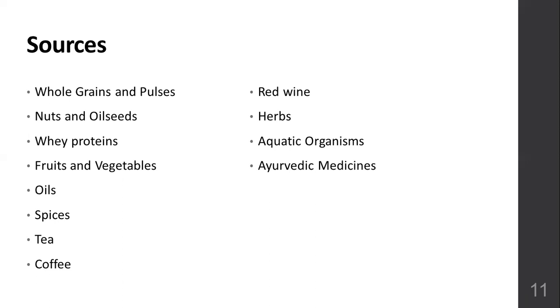Then fruits and vegetables. All your citrus fruits are a good source of vitamin C, beta carotene, polyphenols.